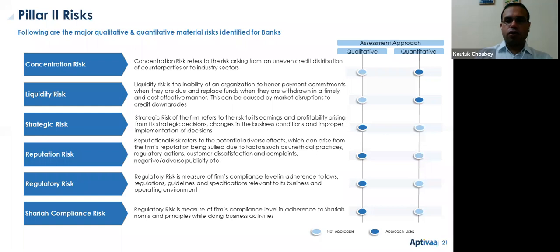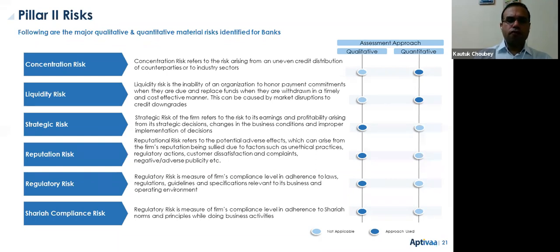Then liquidity risk also is completely quantifiable in nature. There are multiple approaches present today in the market through which this risk can be measured. However, risks like strategic risk, reputation risk, regulatory risk, and other compliance related risks are still at such a nascent stage in terms of measurement in the industry as a whole that they are generally dealt with in a manner which is more subjective in nature.